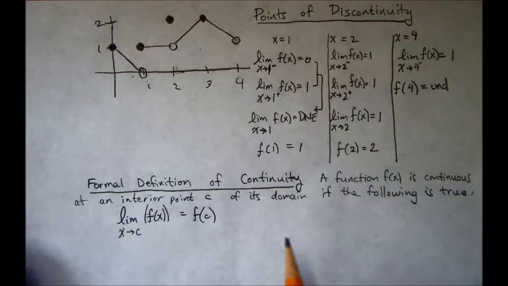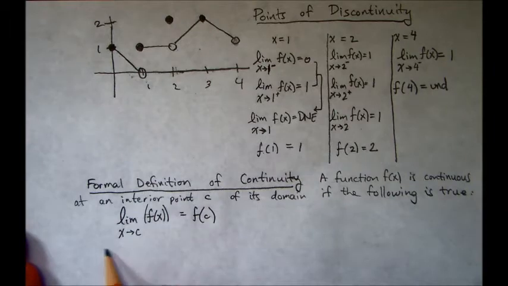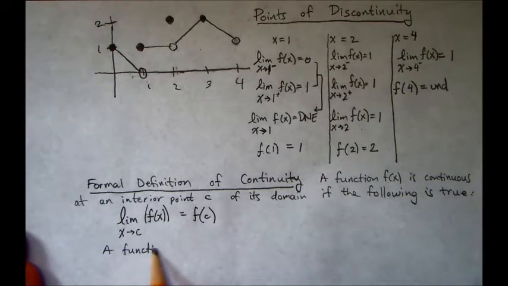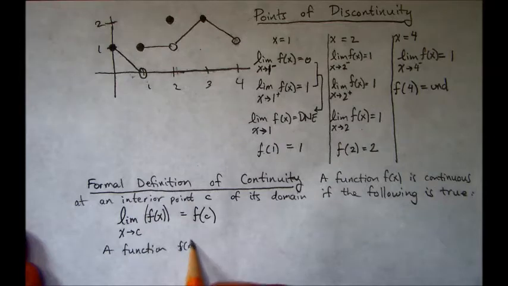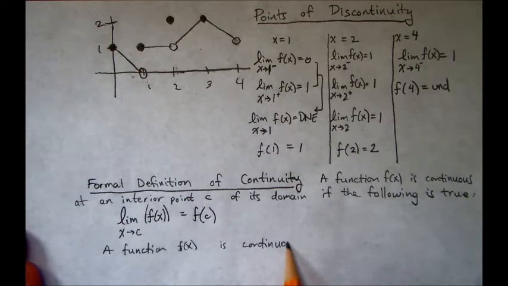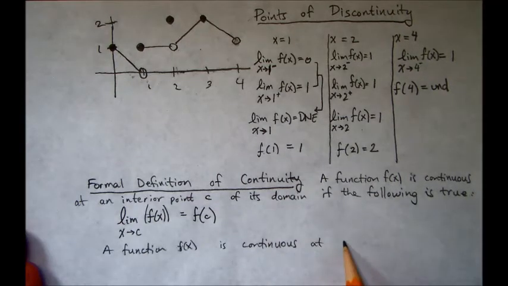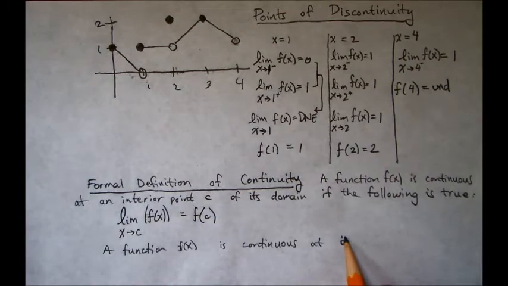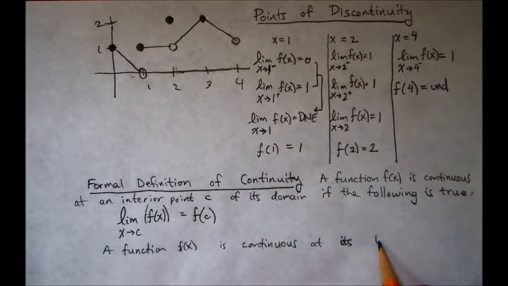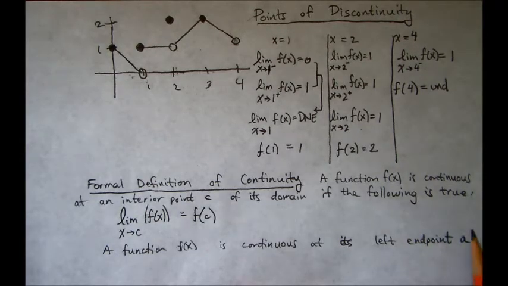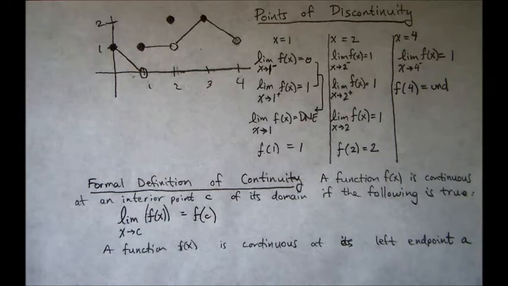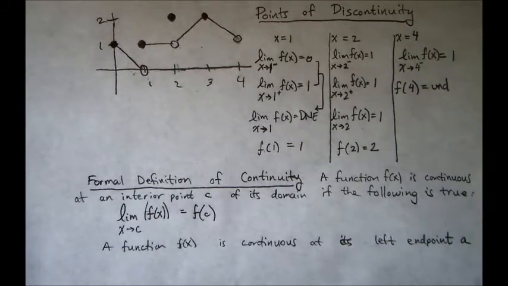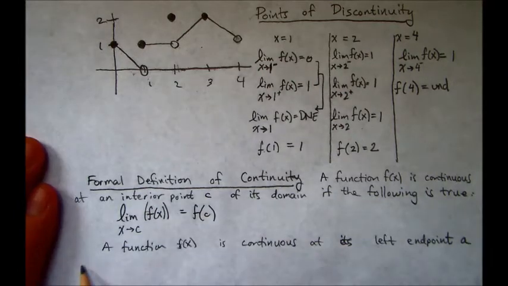Okay. So sort of the part B for this would be a function f of x is continuous at its left endpoint a. Now not all functions have a left endpoint, or any endpoints for that matter, but if it does, it is going to be continuous at its left endpoint a if the following is true.